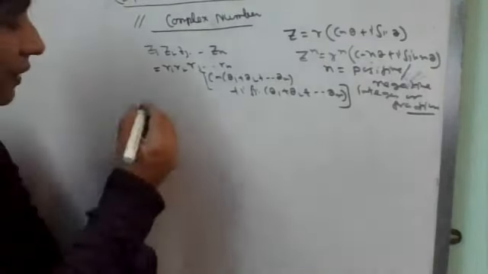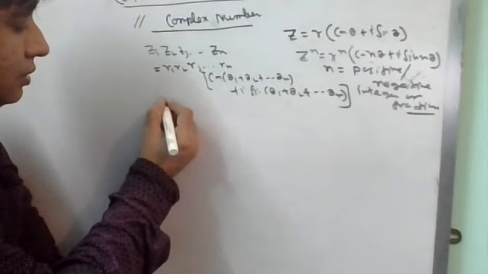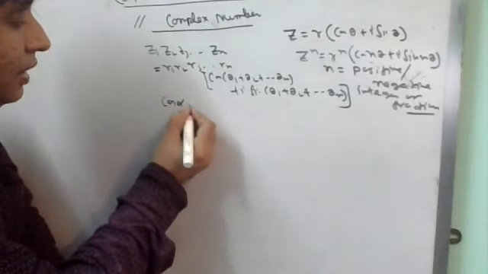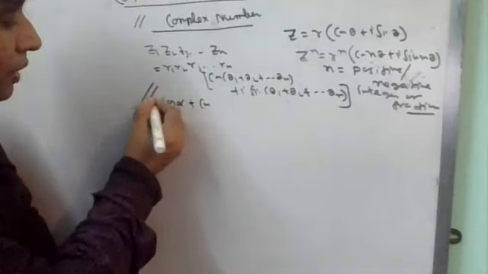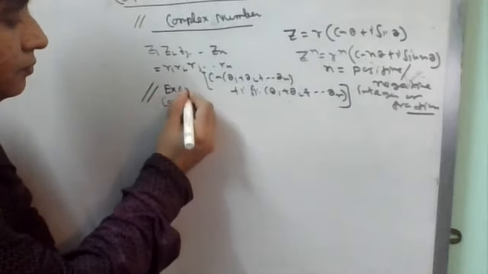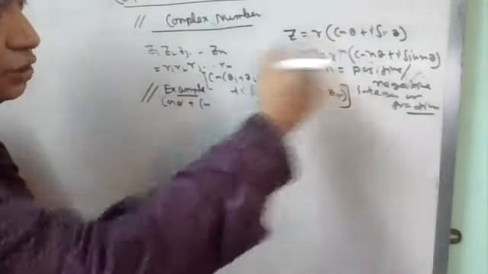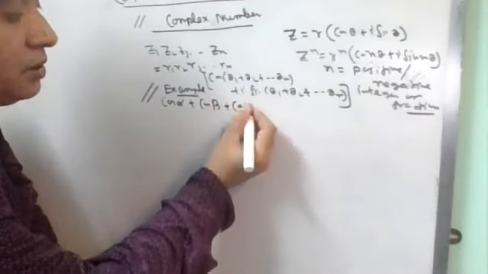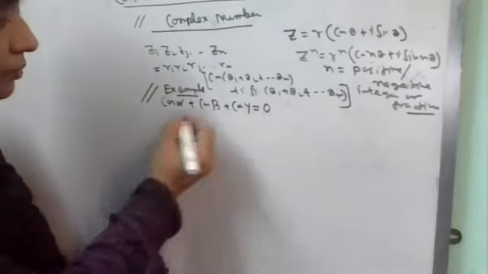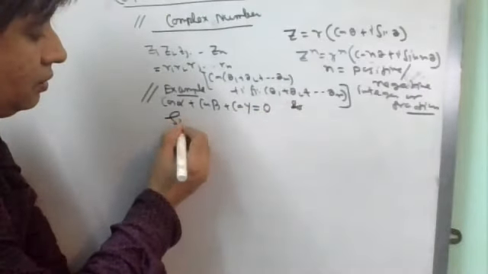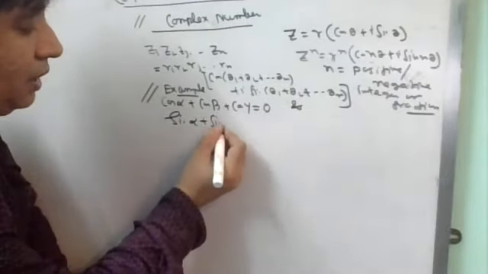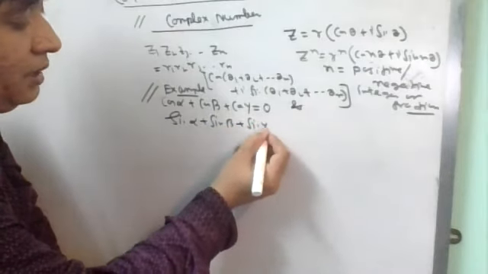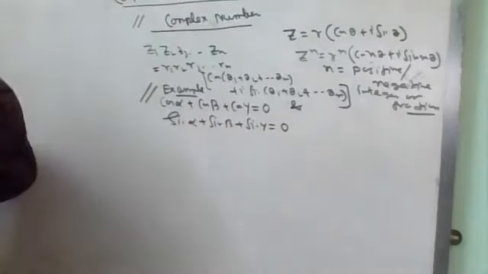One example I am doing involves these two properties. Cos alpha plus cos beta plus cos gamma is equal to 0, and sin alpha plus sin beta plus sin gamma is equal to 0.